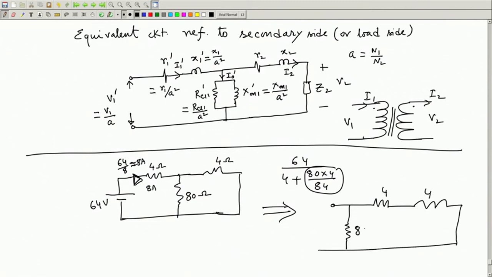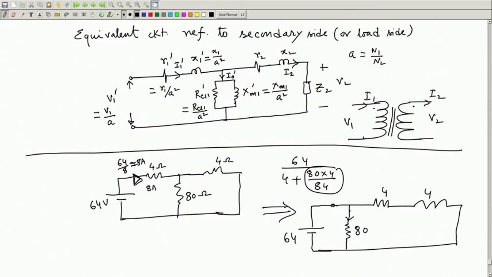480, and the current supplied from the battery will not be 8 ampere, it will also take this into account, but the result will be improved upon. This is also an approximation, and totally neglecting this is also an approximation, that is fine.